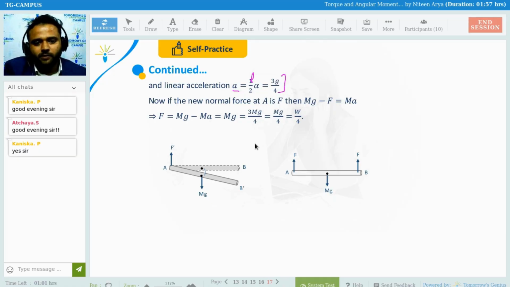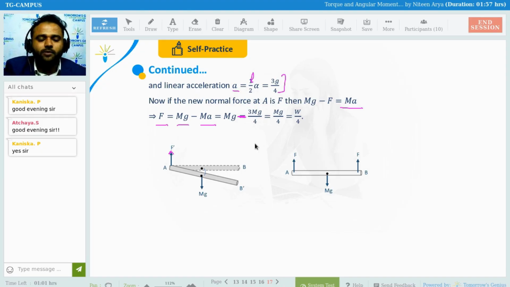So now the new normal force at A, which is F prime, is going to be mg minus this F. I mean, this mg is going to be downward and F also. So mg minus F is going to be the net force ma. So this particular force is mg minus ma, which is mg minus 3mg by 4, because acceleration is basically 3g by 4.